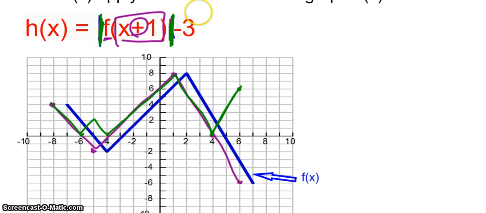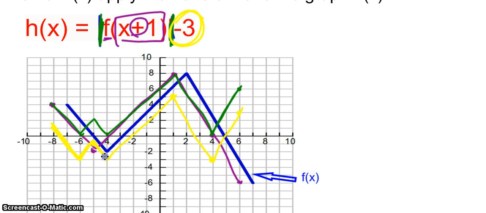Then the very last piece says, after all of that, you're going to subtract 3. So I'm going to subtract 3 from my y value. 1, 2, 3. And the yellow one is your final product.